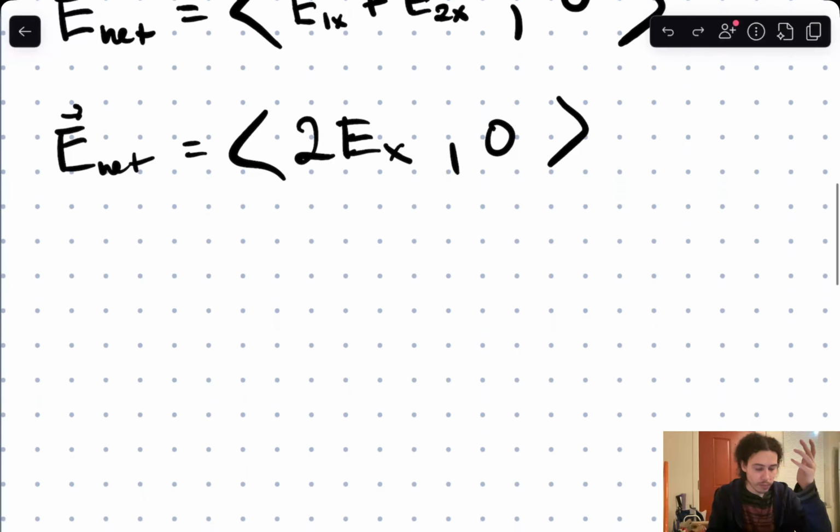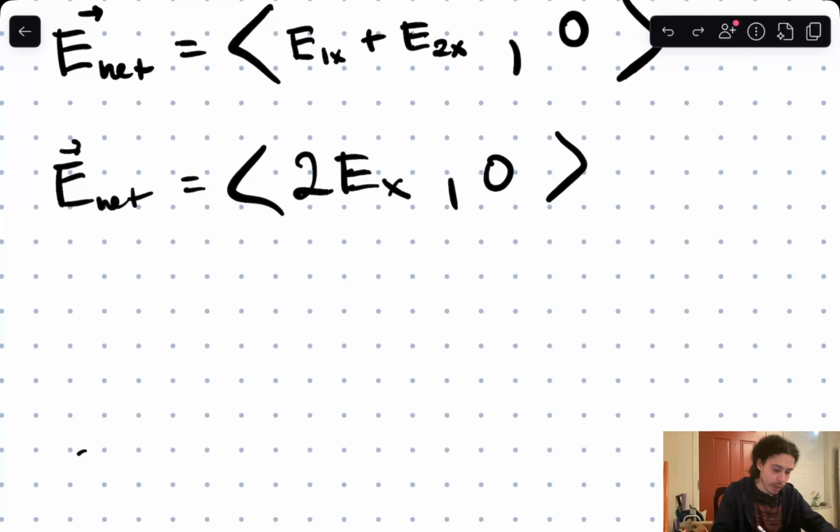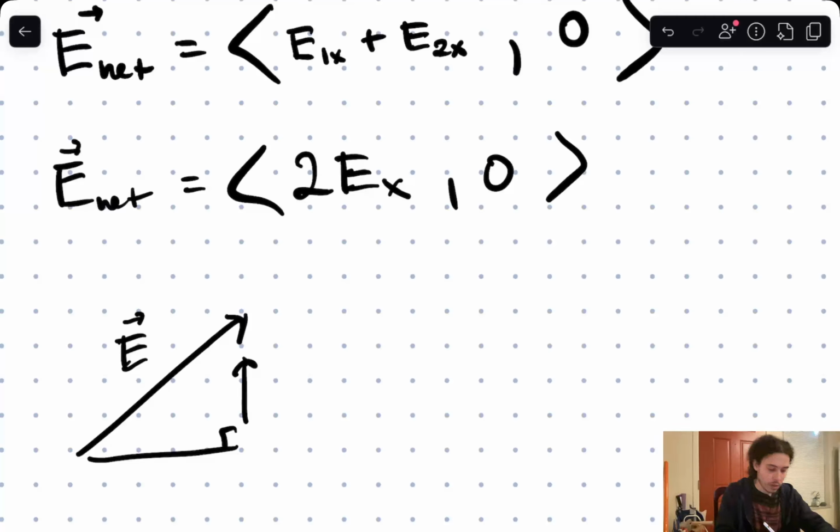So supposing you have some triangle like this, E. This is theta. This is Ey, this is Ex.